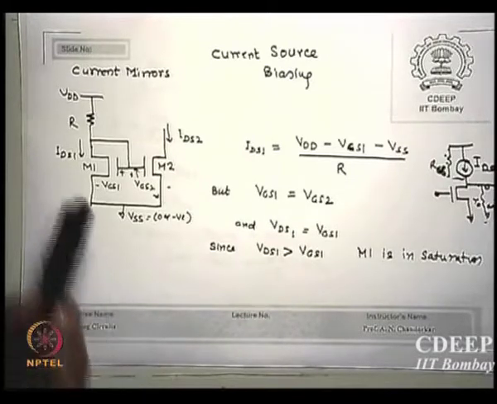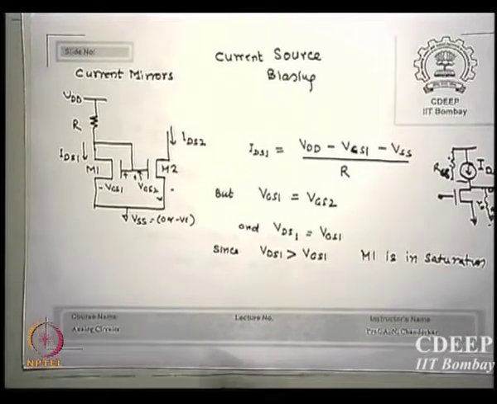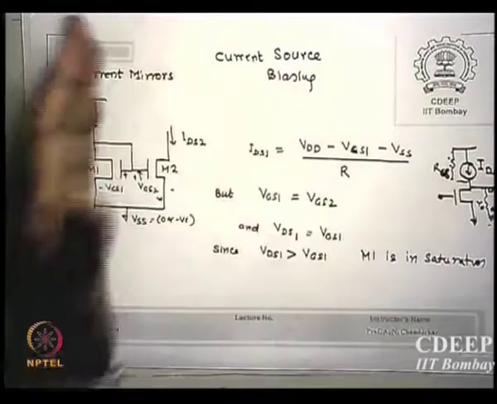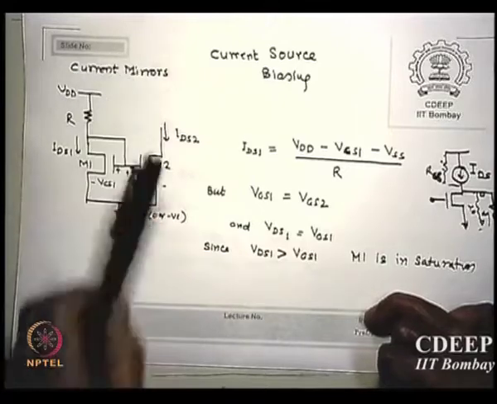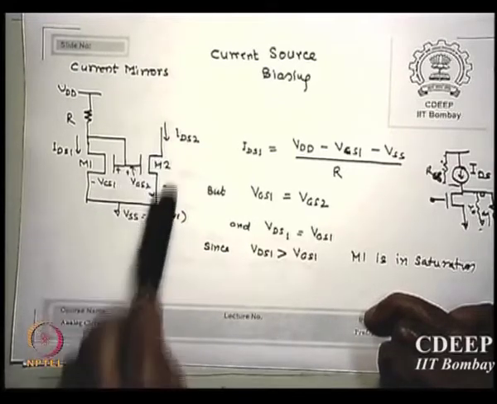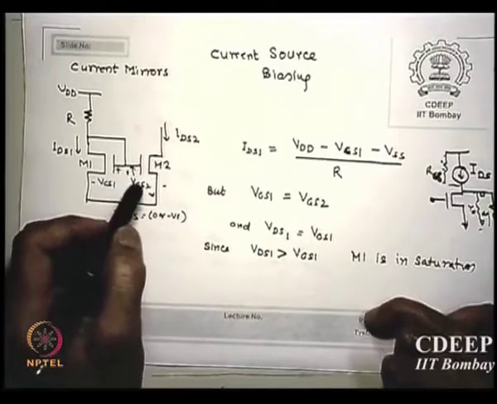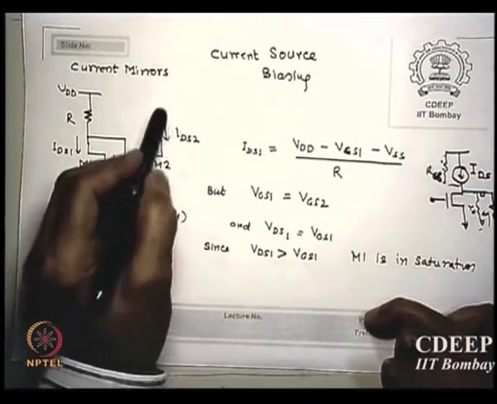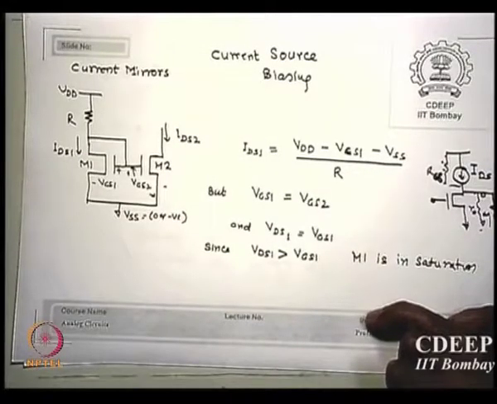Okay, let us look at it. This is called current mirror. What do you mean by mirror? If I have a mirror and I put something here, I see an image. We did optics. So if something is in this arm, I know a current. This is my actual device which I want to use as an amplifier. M2 is the transistor which I am going to use as an amplifier. I want to fix this current IDS2, fixed.